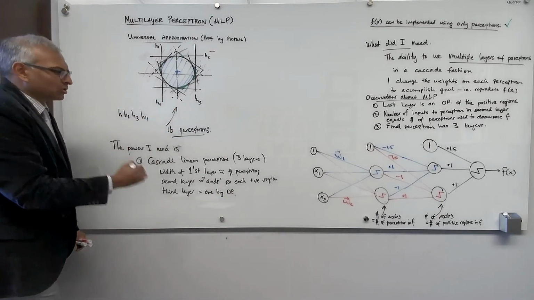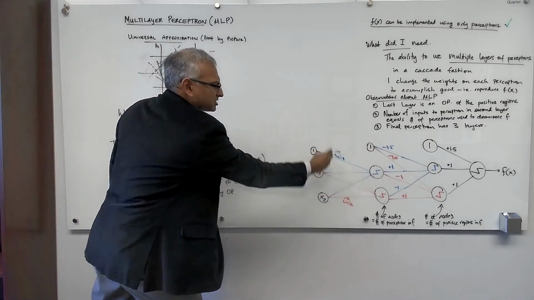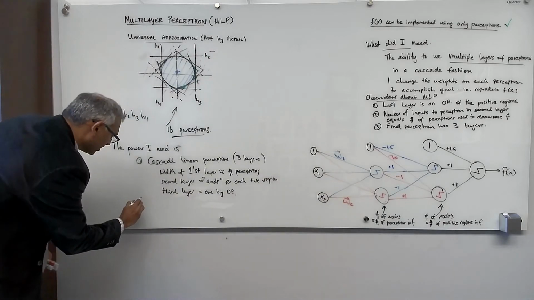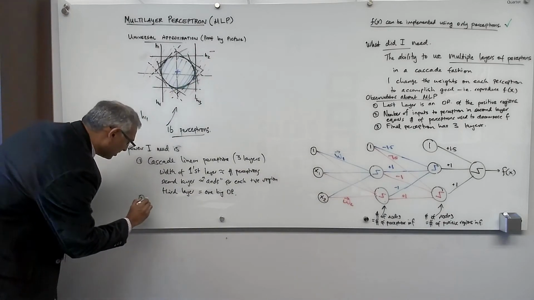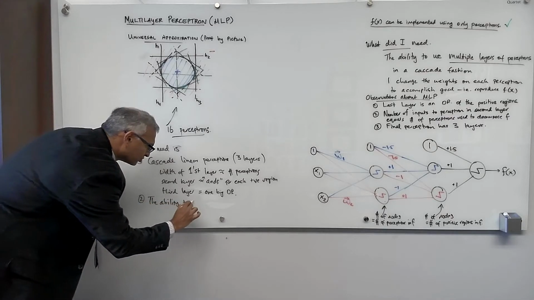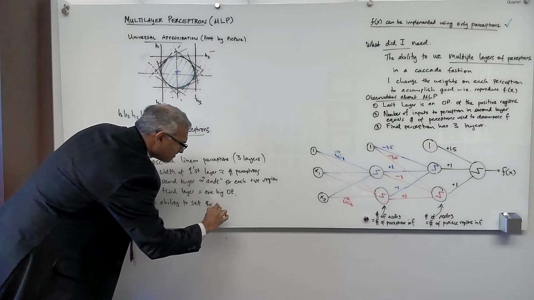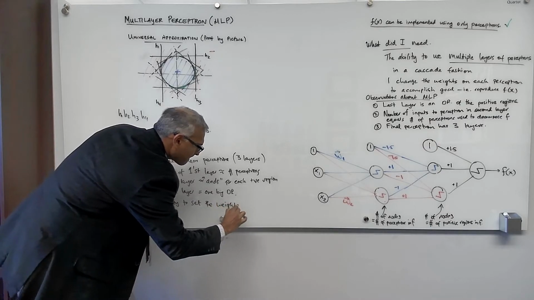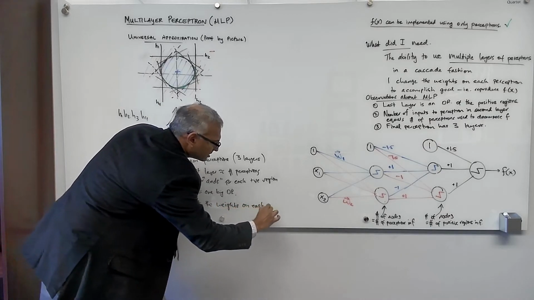Okay. Now, in order to implement the first layer perceptrons, I need to be able to set the weights. So that's the other ability I need, the ability to set the weights on each perceptron.